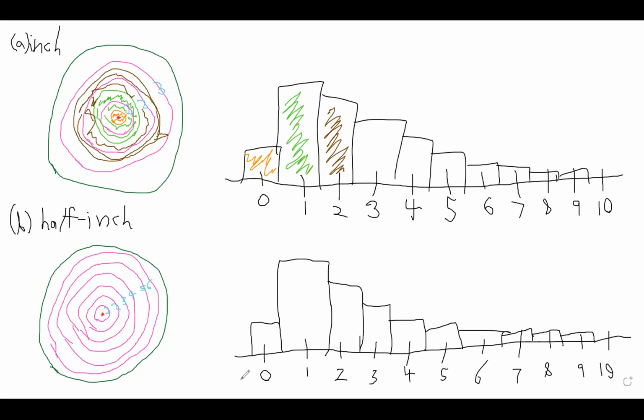Okay, so the goal is to really make these measurements smaller and smaller. So you have an inch, then you have a half inch, and then you keep decreasing this, and so eventually you get a limit, where the limit of these probability histograms will give you the probability density curve for the situation.